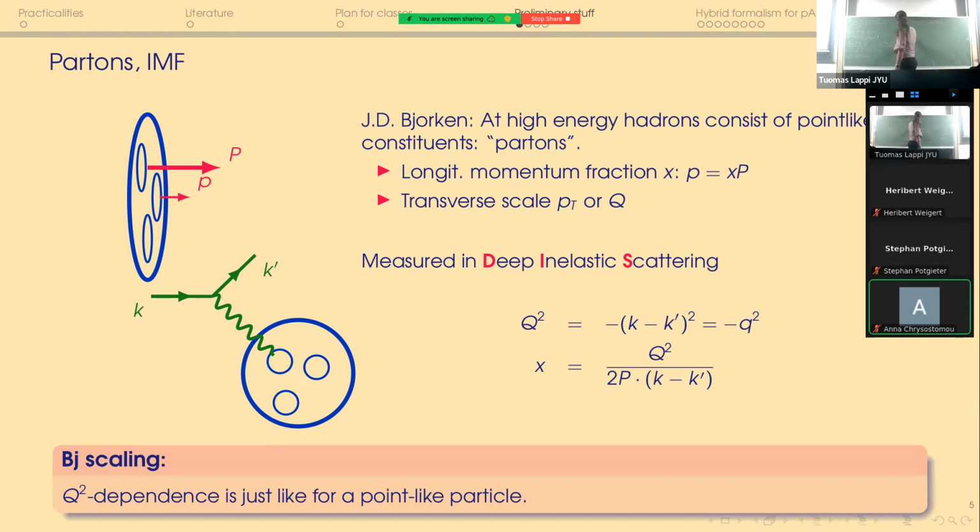For any Lorentz four-vector v mu, I will define v plus and minus as 1 over square root 2 times v0 plus or minus v3.